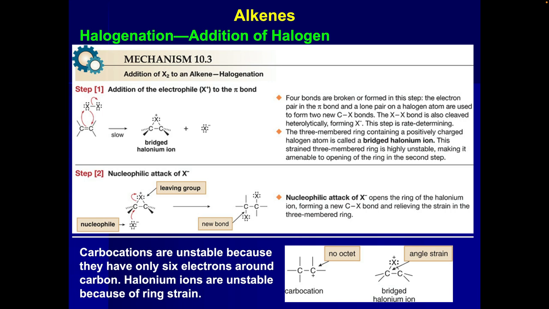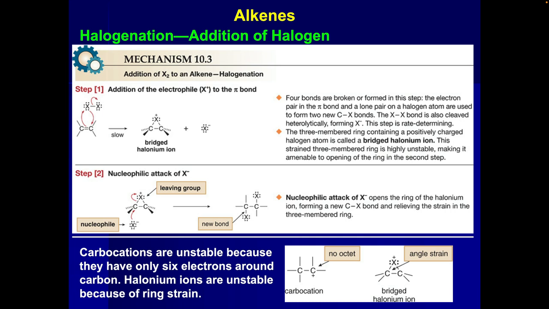Okay? So that makes sense because this ring is pretty strained. Right? So let's imagine for a second that this is bromine. And I'm going to make it into a bromonium ion intermediate. Look at my bonds, right?